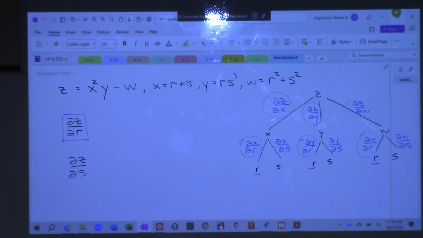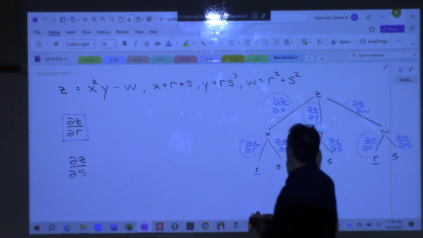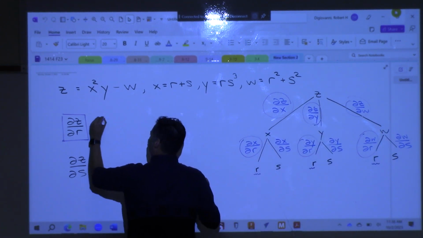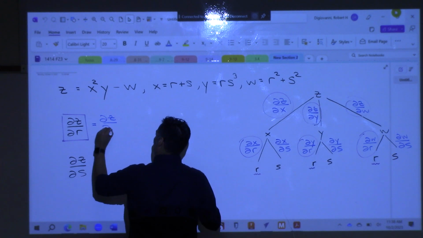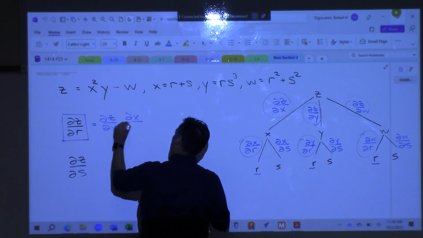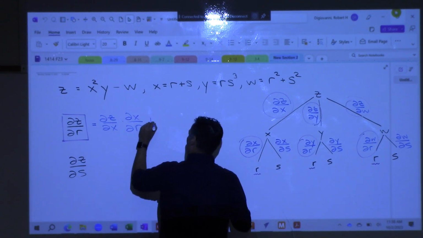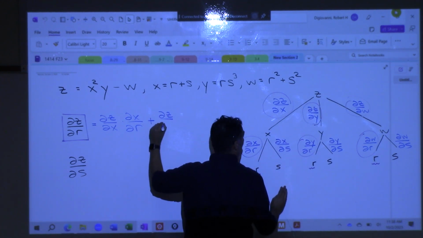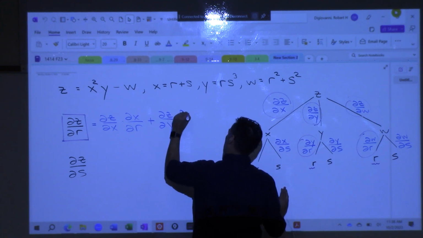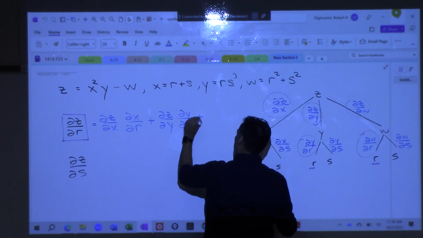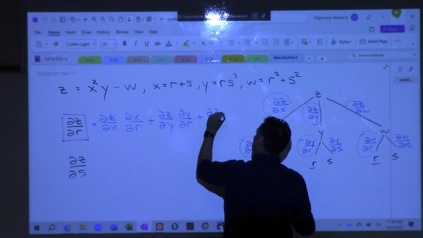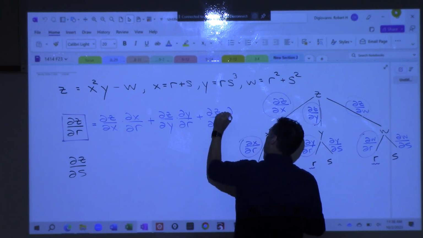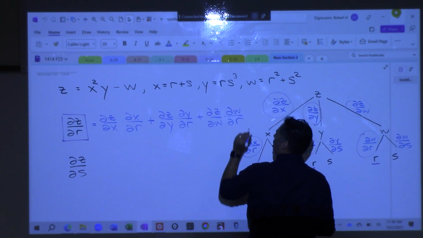And that will be partial z with respect to R. So this will be partial z with respect to x, partial x with respect to r, plus, now the next branch, partial z with respect to y, partial y with respect to r. Last branch, partial z with respect to w times partial w with respect to r.